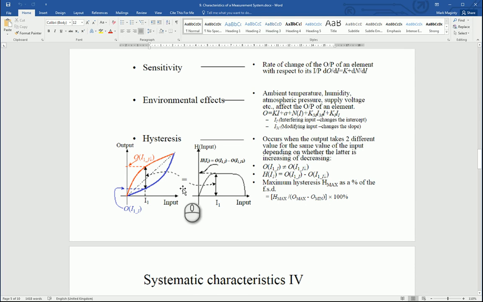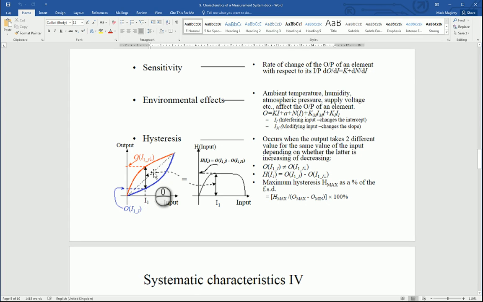Hysteresis, you should hopefully know what hysteresis is. You've maybe come across it before, I would have thought. It occurs when output takes two different values for the same value of input, and generally is described as when it's rising. For instance, if the temperature is rising, it gives out, say, a resistance here.